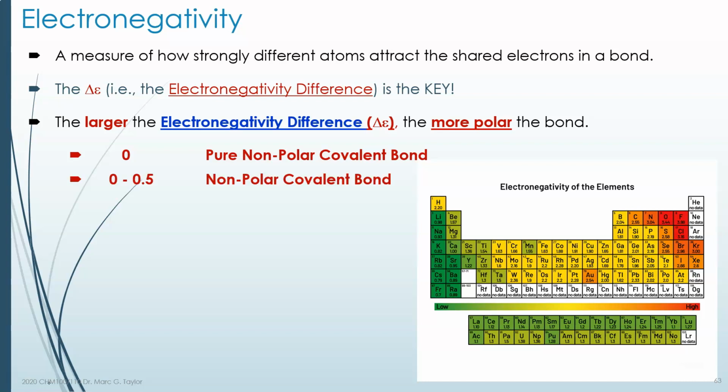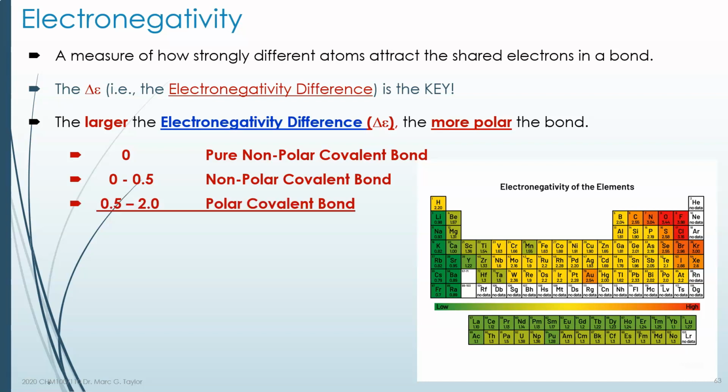If the difference starts increasing, so you have atoms where one atom is slightly higher than the other in electronegativity, there might be a small difference, a difference of less than 0.5. This is still considered very non-polar. It's not that significant a difference, and the bond is very covalent. When I say covalent, I mean the electrons are evenly shared between the two atoms.